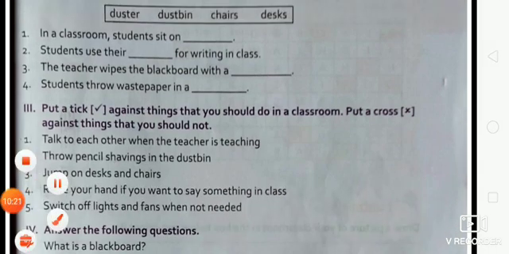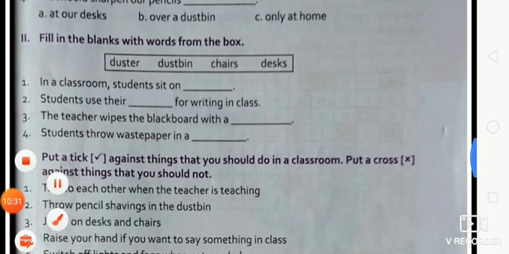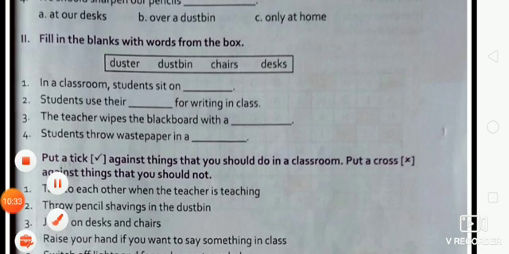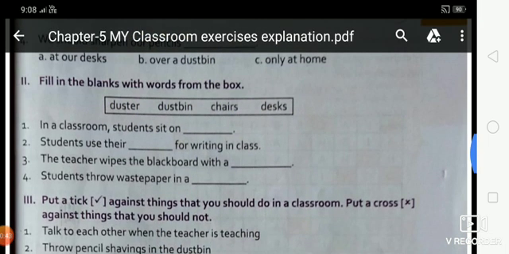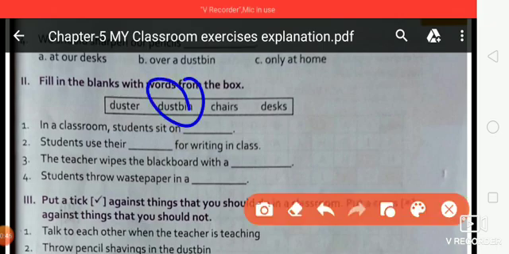Now students, move on to the fourth sentence. The fourth one is, students throw waste paper in a dash. Tell me, what is the place where students throw the waste papers? Is it duster or chair? Is it desk or dustbin? Students, you all know it is dustbin.